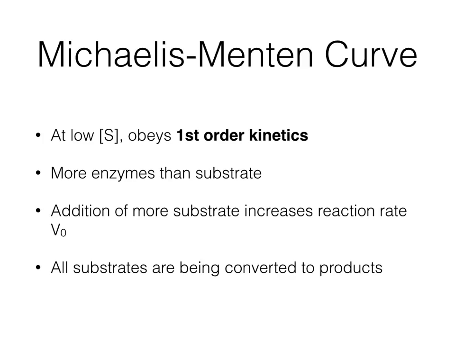So let's recap. In an enzyme catalyzed reaction at low substrate concentration, the reaction obeys first order kinetics. The reason? There are more enzymes than there are substrate. And addition of more substrate increases the reaction rate V0. The reason, all substrates are being converted into products.